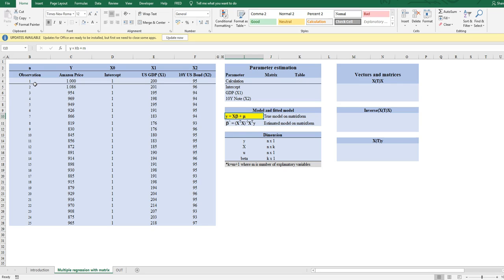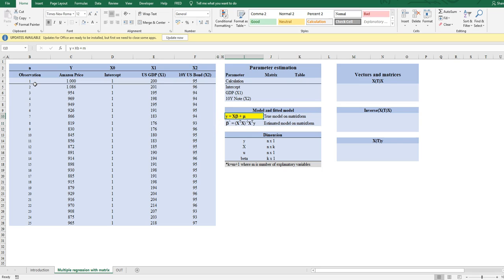On the right hand side we have X, and X is a matrix with the explanatory time series and one more, which is a unit vector that takes into account that we need ultimately to have a constant term in the regression as well.